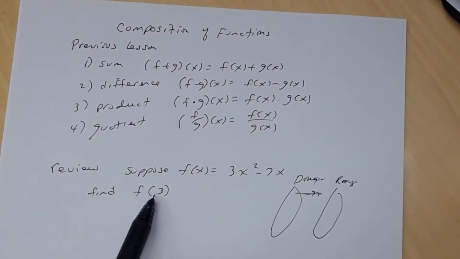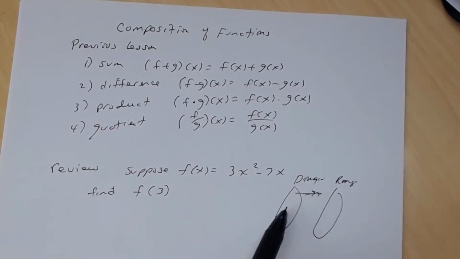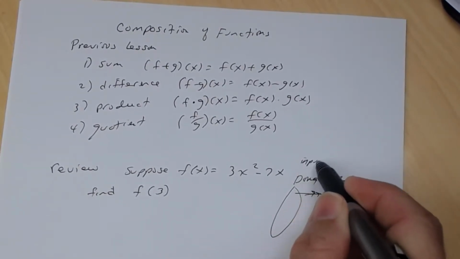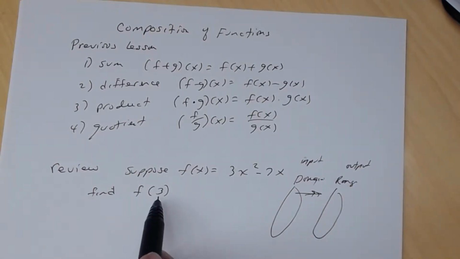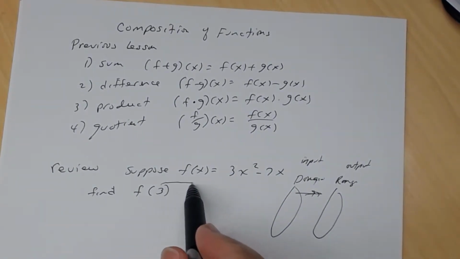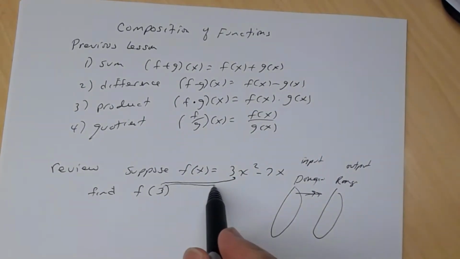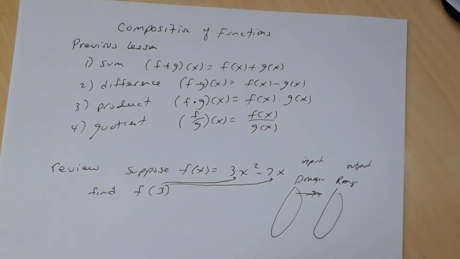So what I want to do here is take the input 3. The domain can also be considered the input, and this would be the output. So wherever I see the variable x, I'm going to replace it with the number 3.